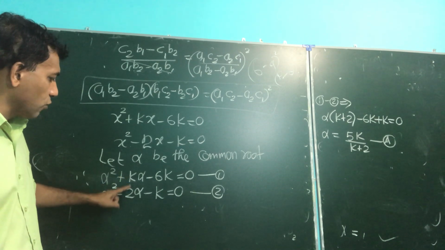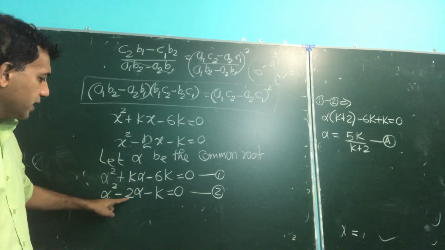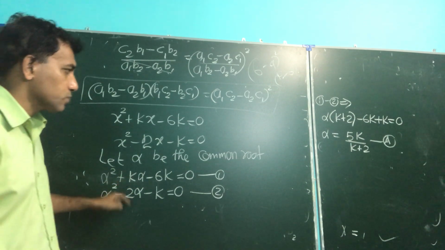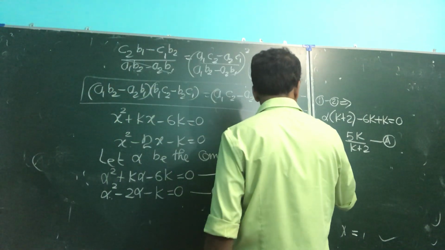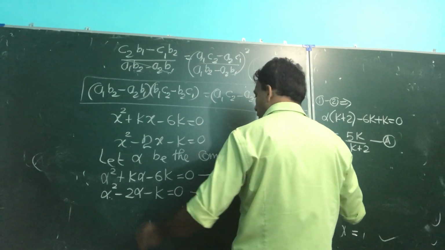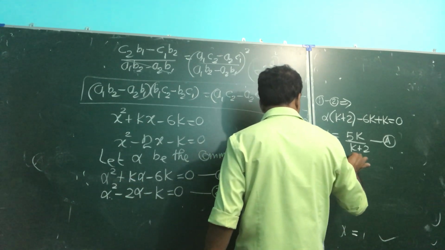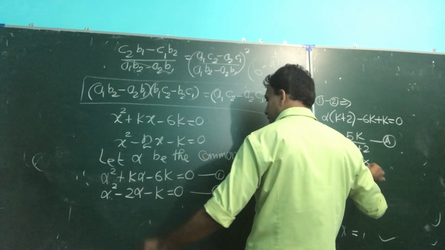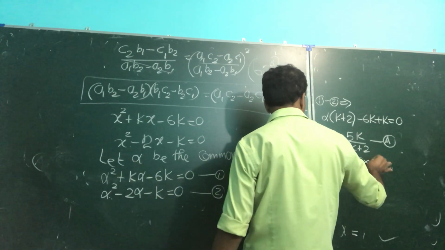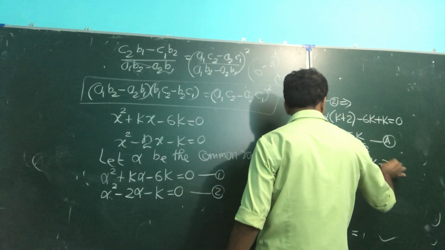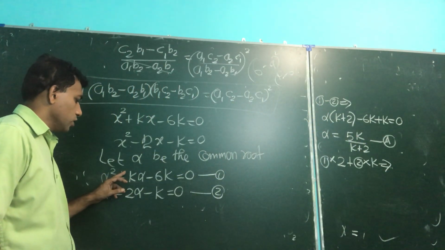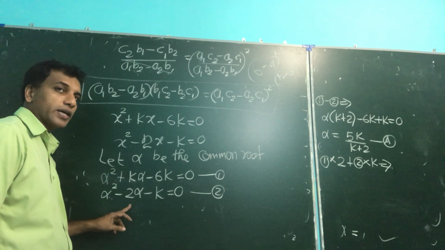Equate both to the same coefficient. Multiply 2, multiply k, and add the both, plus minus and add the both. First equation multiply 2, second equation multiply k.